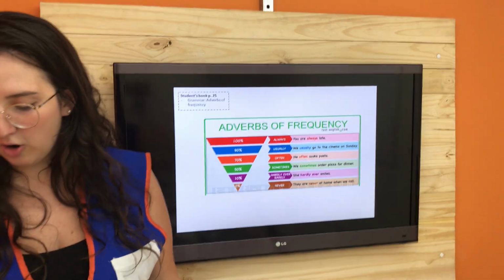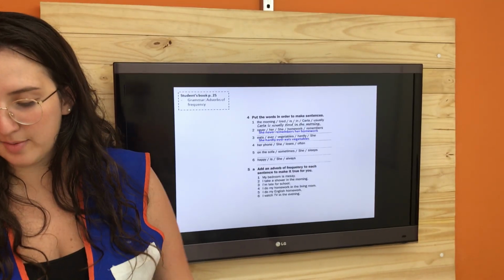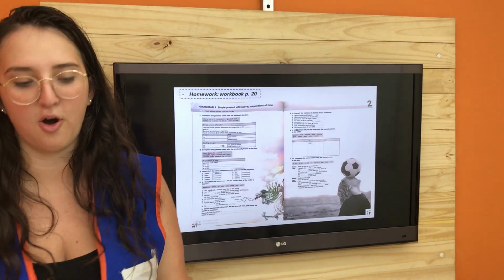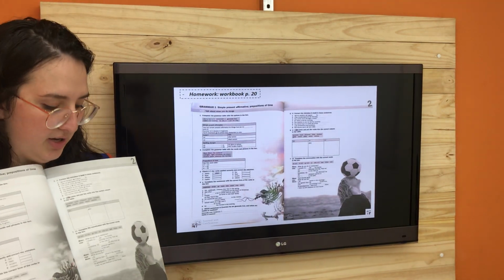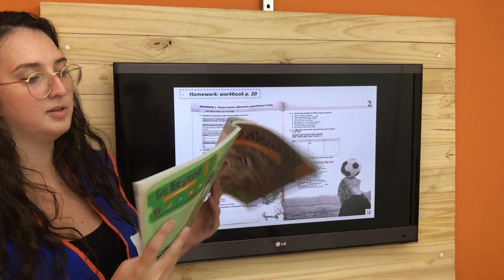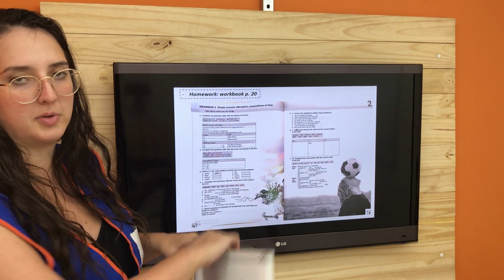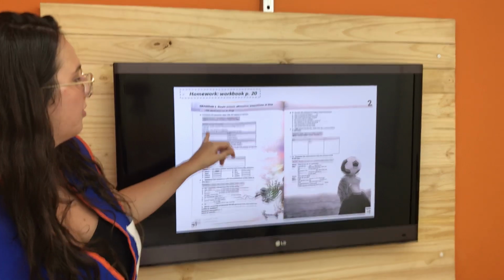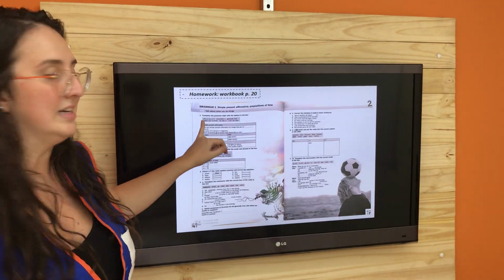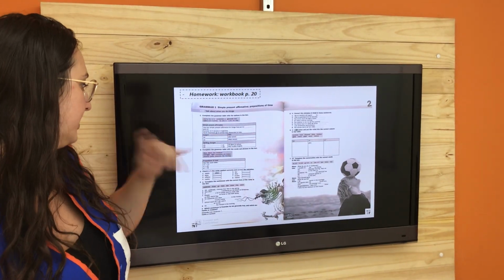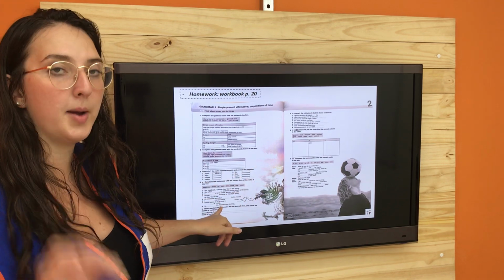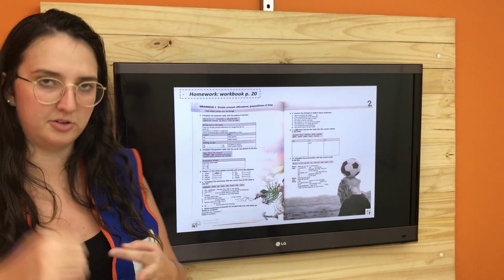Okay, so now to end, I'm going to give you what you love, your homework, 2 pages today. But it's very easy because you just have to complete here. Just complete here with the grammar you saw, the simple present. And then here, complete with the prepositions on, in, at. Remember?